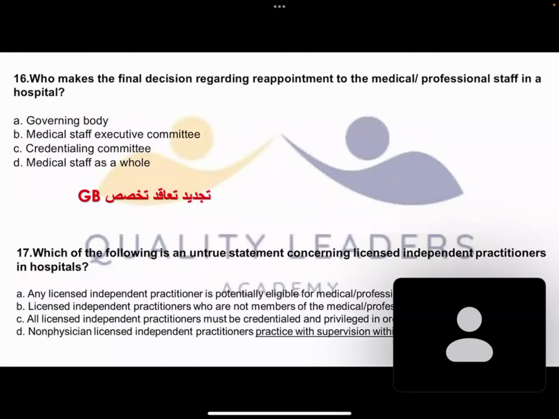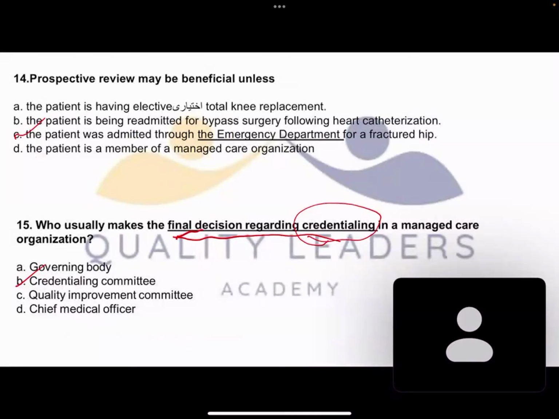Dr. Radha's voice is echoing. Okay, hold on. How is it now? Can Radha speak? Is it better or still echoing?